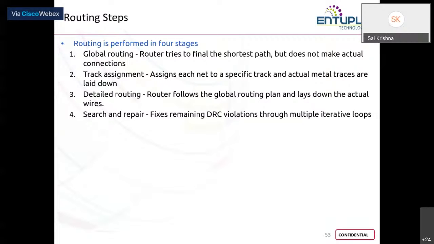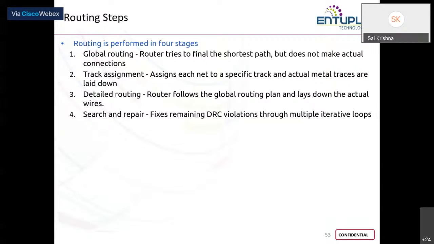So initially, your tool gets an idea of the shortest path, and accordingly it checks the tracks that are available. Once both of these are done, your tool goes for detailed routing, where it replaces all your virtual connections with real physical connections. Once that is done, it will also check for DRC violations.